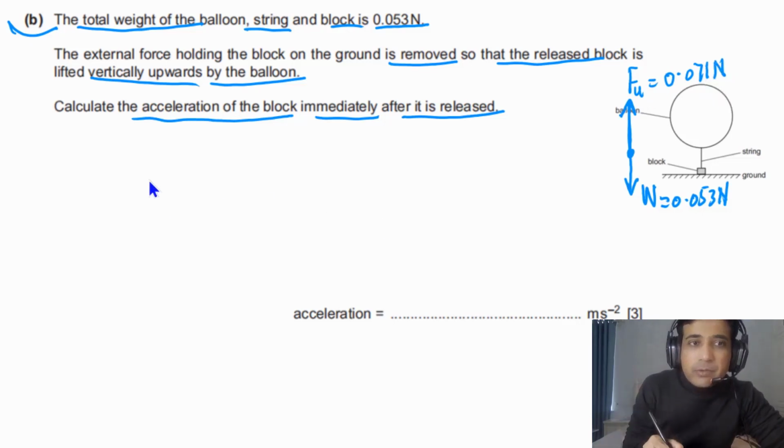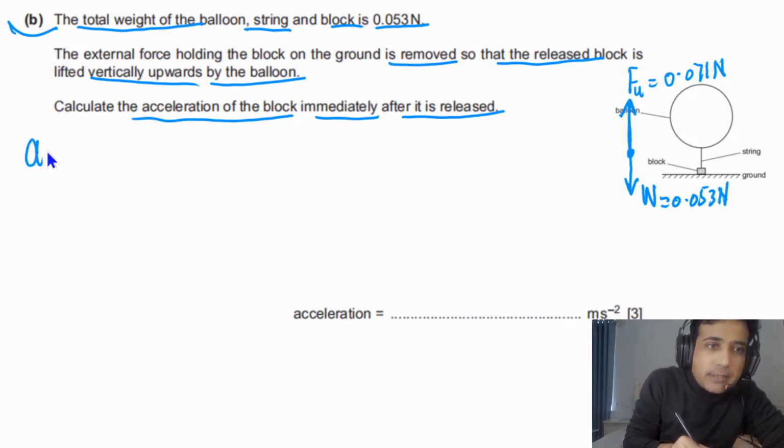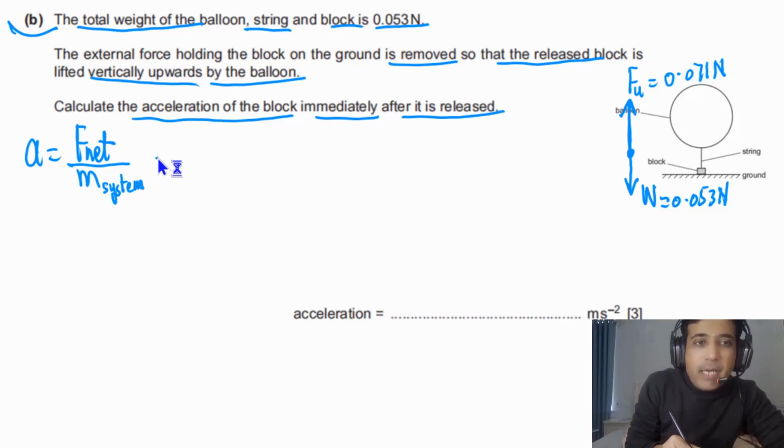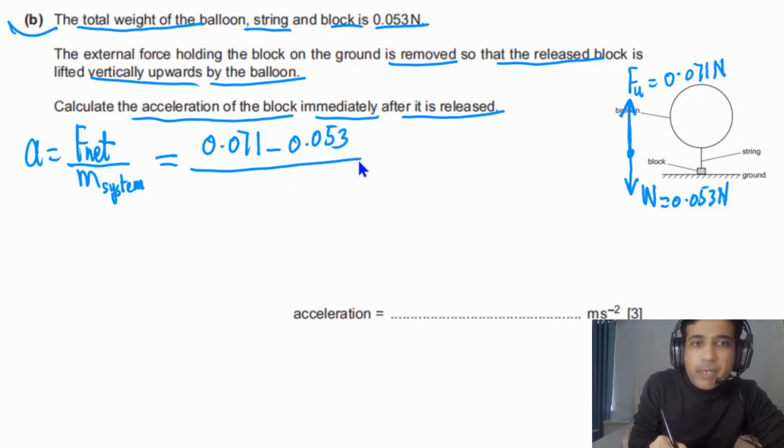So simply in this case, acceleration will be equal to F net divided by the mass of the system, m. I mean this balloon, string and block system. F net we can find from here, that will be equal to 0.071 minus 0.053, and we need to divide by the mass of the system.